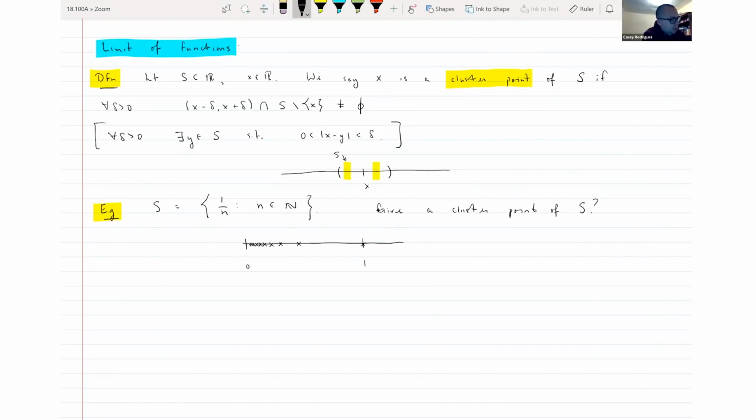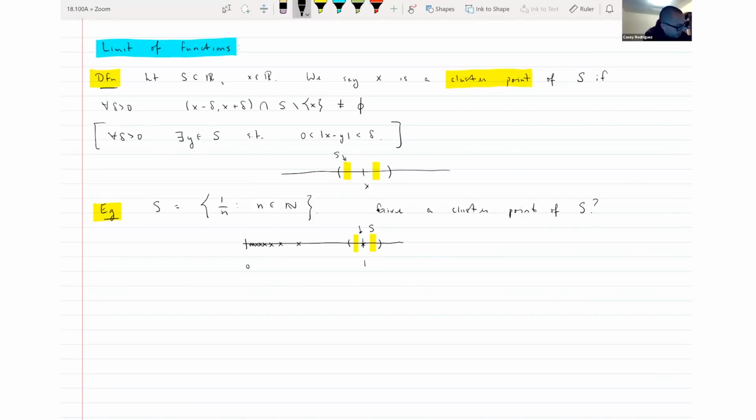So why would 1 maybe not be a cluster point? If I draw a little interval around 1, there's only one point of S in here, and it's the proposed cluster point 1 itself. Remember, we should be able to find in every small interval some point of S that's not equal to the point. We can't do that for the point 1.